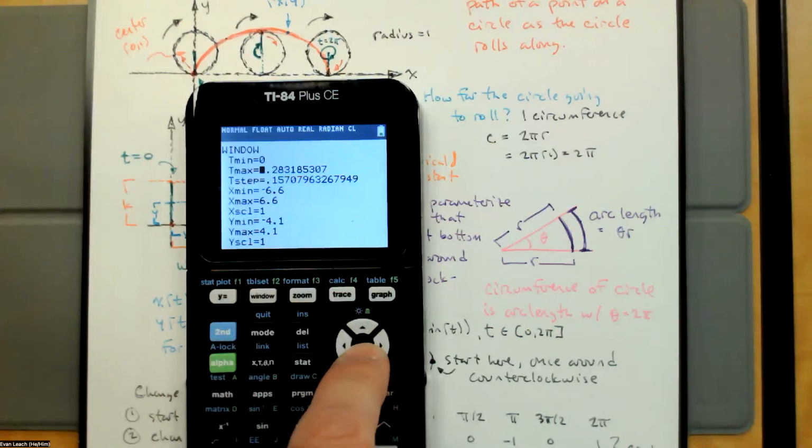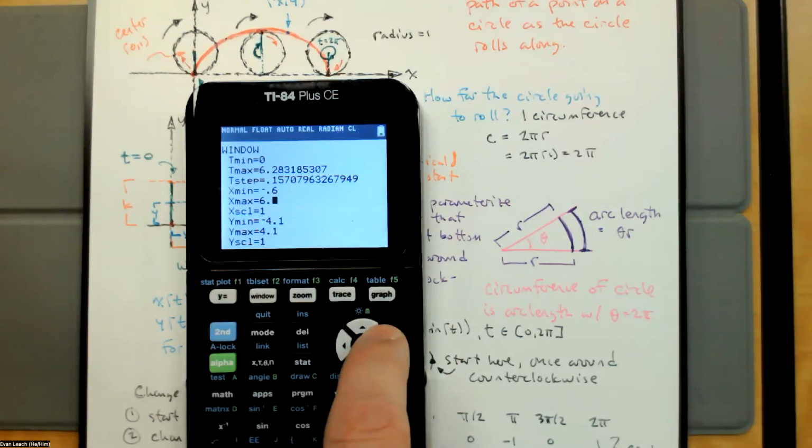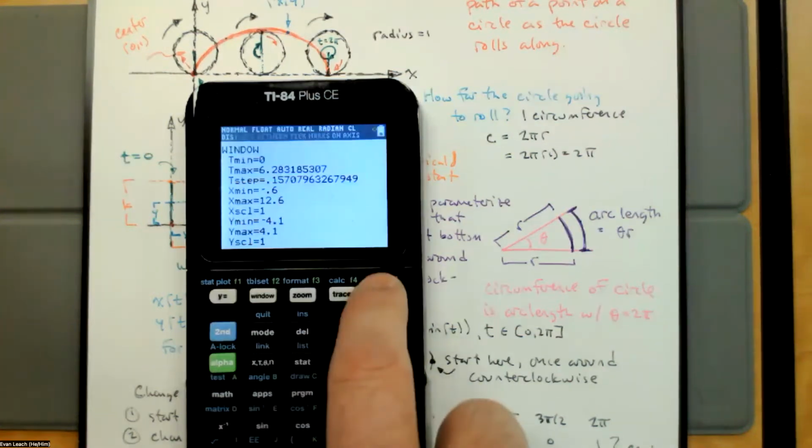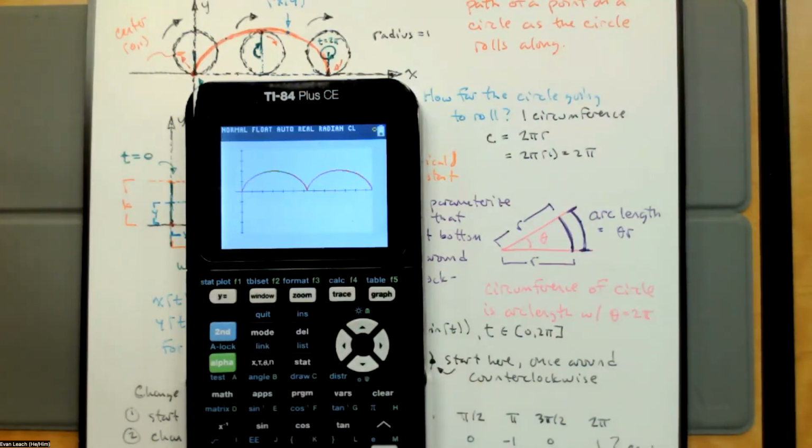So if I window, and let's just scoot this over 6 units, there are the 2 cycles of the cycloid in red and 1 cycle of the cycloid in green, because the red cycloid is going twice as fast. So we have a lot of control over how we parameterize curves because we can make adjustments to the parameters.